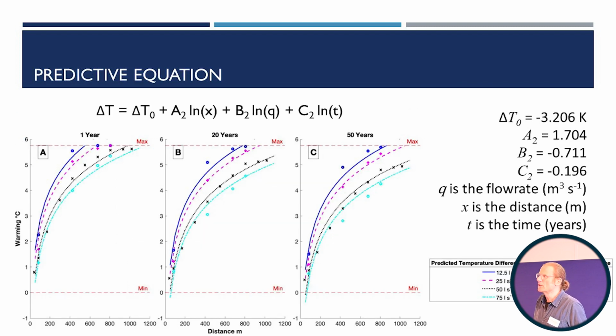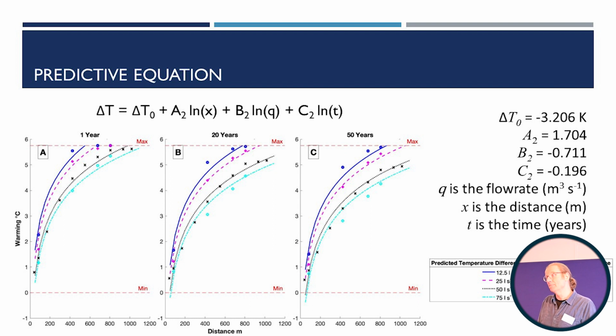Another way that this quantification can be useful is that, in order to avoid having to do lots of these model calculations, you can come up with some kind of predictive equation that mimics all these model calculations. That's what we've tried to do as well. We used a multiple linear regression technique to find a simple equation that mimics the results of all these models. The equation is shown here at the top.